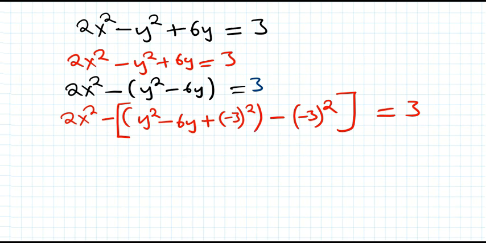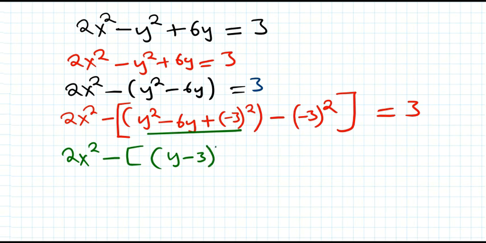If I wanted, I would have just taken it to the other side directly by multiplying by that negative which is outside. Okay, so we have 2x squared minus, so after completing the square, now in the brackets we're going to have just the ones that are having a square, so y minus 3 squared minus our 9 there. We've completed the square.